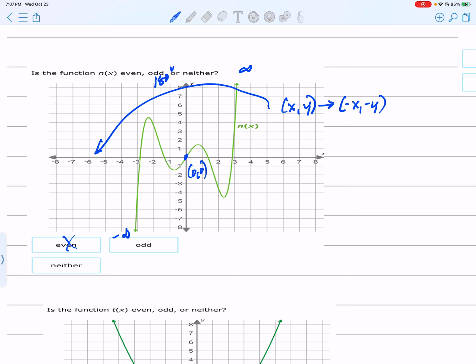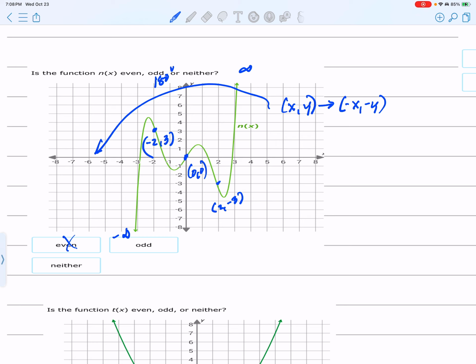So if I choose a certain point here, let's say this point right here, and this point, somewhat more or less, let's say this is 2, negative 3, and this point is negative 2 and positive 3.